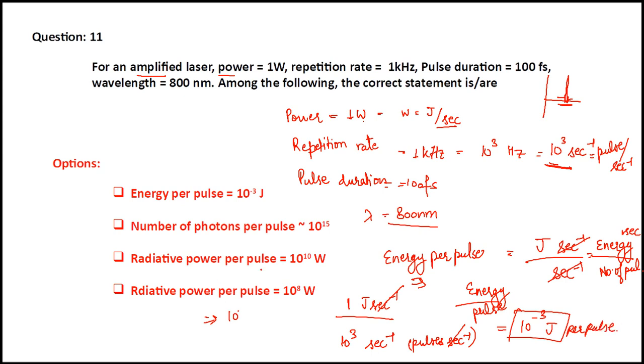Is there any doubt in the solution till now? The question in the assignment was to write the value of energy per pulse. So I got the value 0.001, but they told us to write up to 4 decimal places. Yeah, got it.